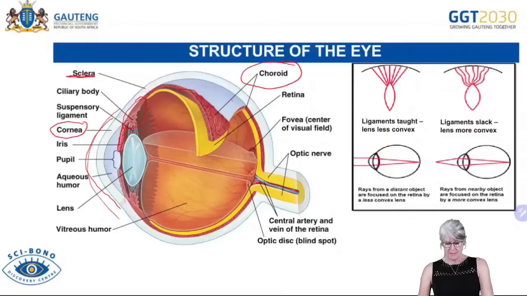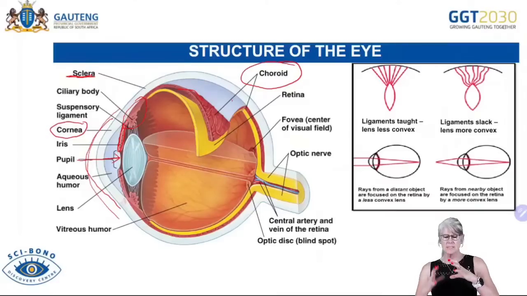And the iris is a layer of muscle that is going to control the opening, because in the middle there we've got the pupil, and it's the pupil that allows the light to enter into the back of the eye.